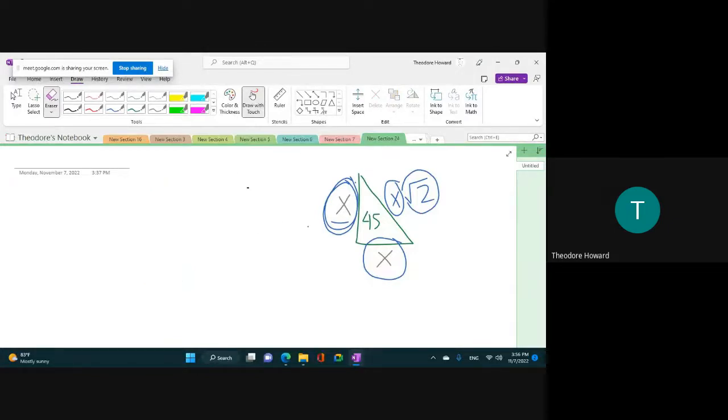This time I'm not going to give you a triangle. I'm going to give you a different situation applying the same stuff. So this is still 45 degrees. If A is 2 square root 2, let me erase this.